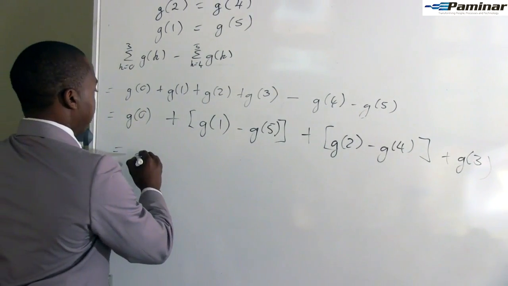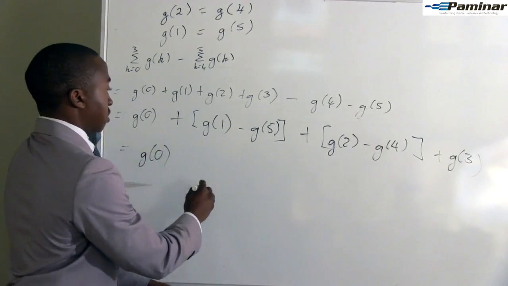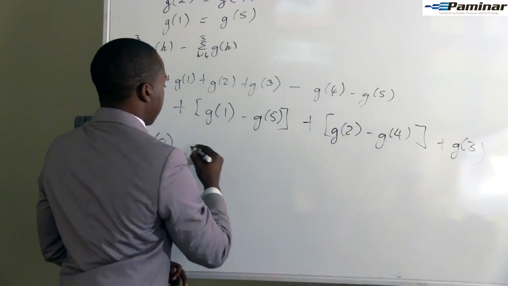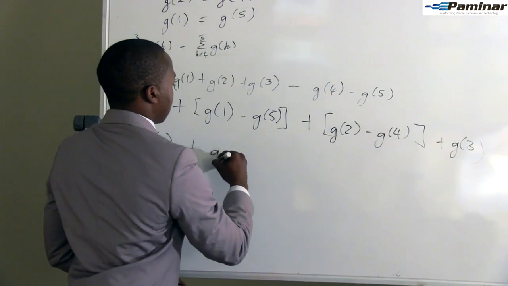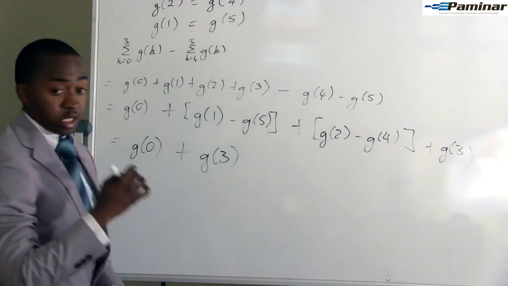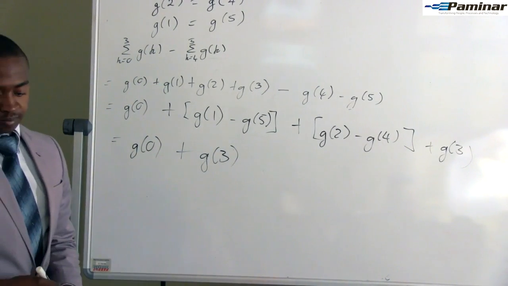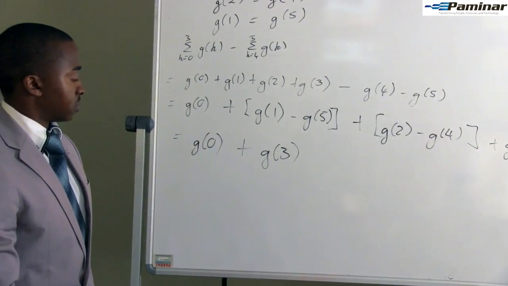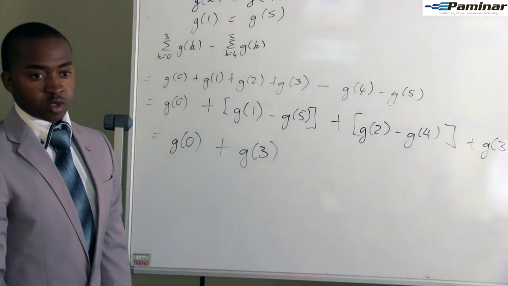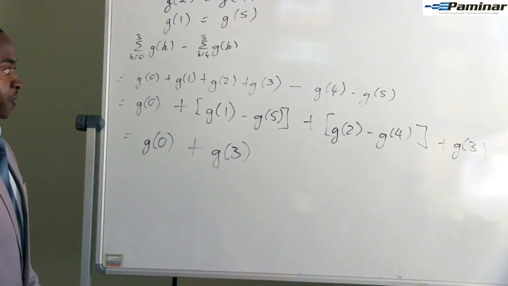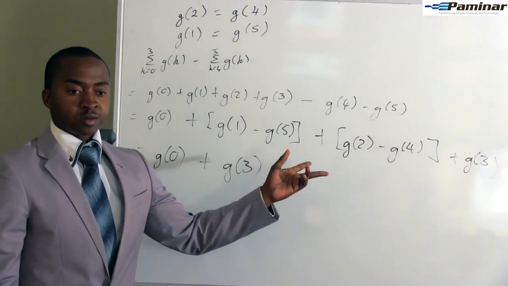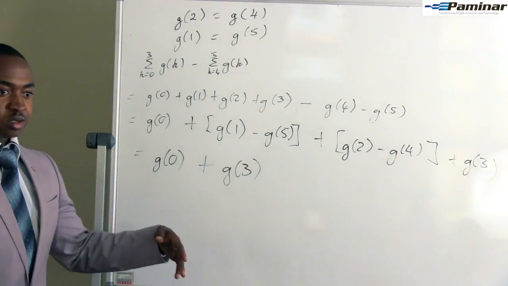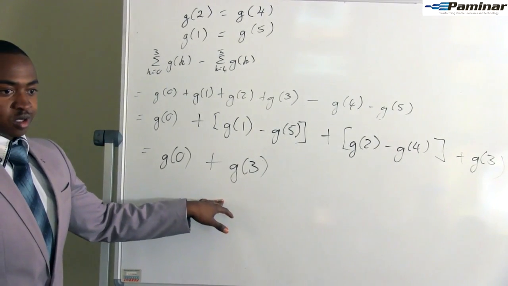So all in all, we have g of 0, this disappears, that disappears, plus g of 3. Okay, so now at this point, we've managed to cancel what we don't need. But we're still stuck at this point.